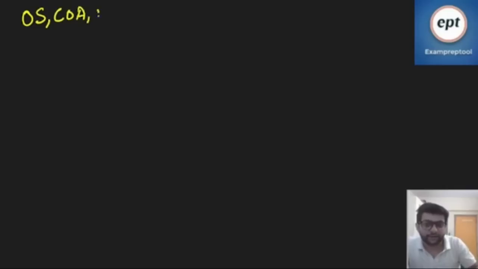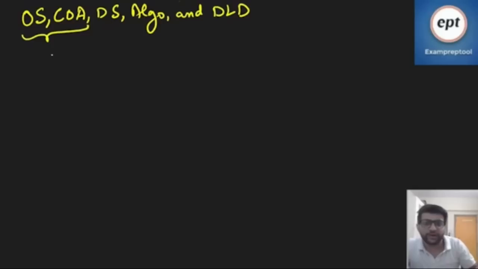So we can see that if we know the concepts, it is very easy to score marks in operating systems. If we see the subjects in the GATE exam like operating systems, COA, data structures, algorithms, and DLD, many students are afraid of operating systems and COA.